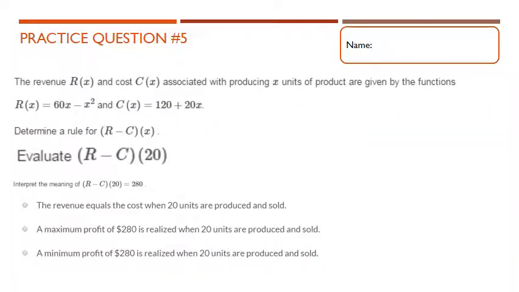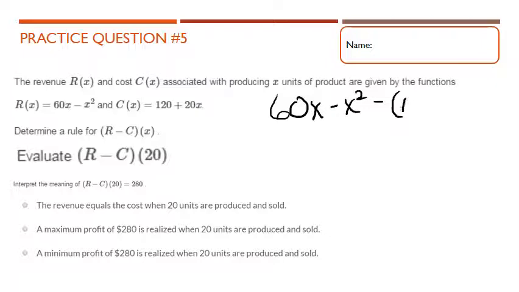All right, last one. This is just like number 4. So you are subtracting them. So we're going to subtract those two functions, r minus c. So write your r first. That is 60x minus x squared, and then subtract the c, so we have to put that in parentheses. Don't forget, because you have to distribute that negative. That's one of those common mistakes I see students do. So you need to make sure you put that second one in parentheses.